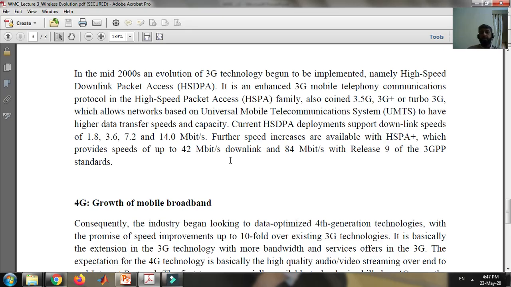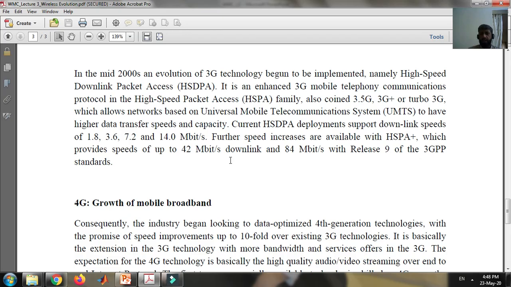It is an enhanced 3G mobile telephone communication protocol, which is sometimes named as 3.5G or 3G plus or turbo 3G, which allows the network new network services, which were named as Universal Mobile Telephone System, or UMTS, that were able to have relatively higher data transfer speeds and relatively higher capacity for the networks.